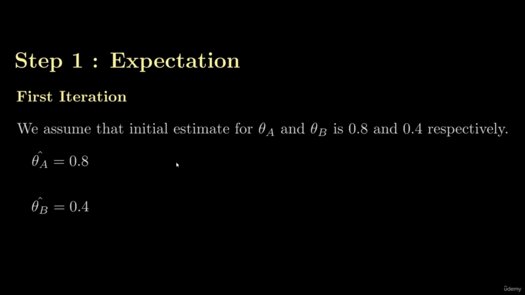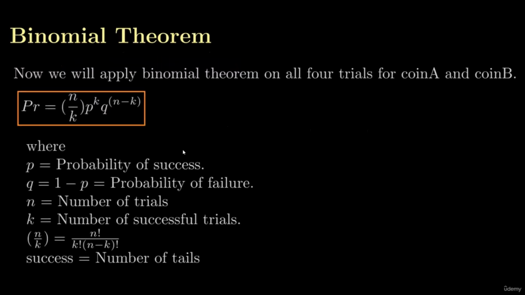Let's start the expectation step with these estimated values. Now we will have to apply the binomial theorem on all 4 trials for both coin A and B. We know from the previous lectures how to apply the binomial theorem. This is the mathematical equation of the binomial theorem, and we apply it when our experiment has two outcomes, a success and a failure.